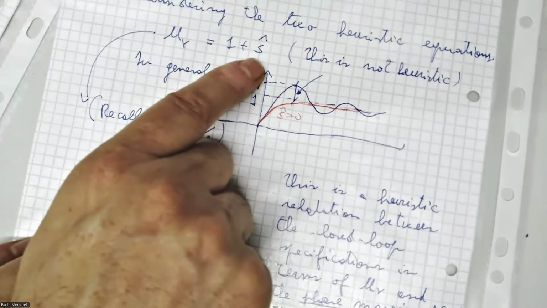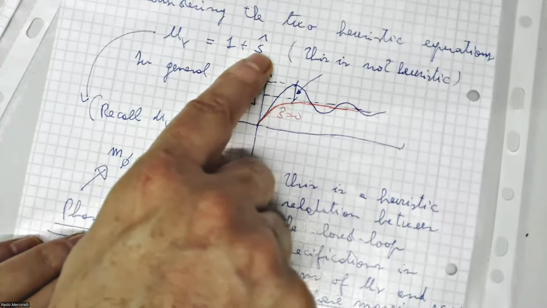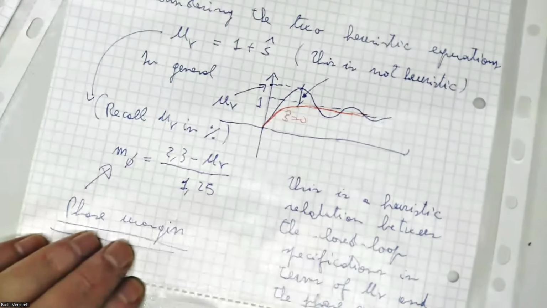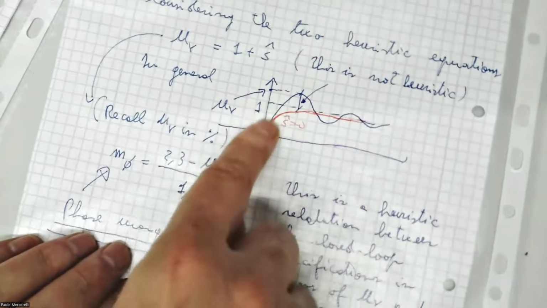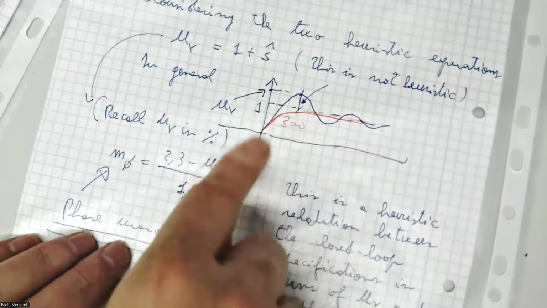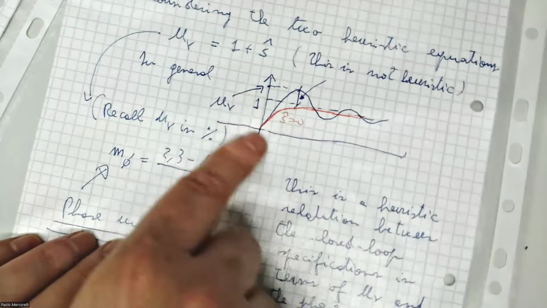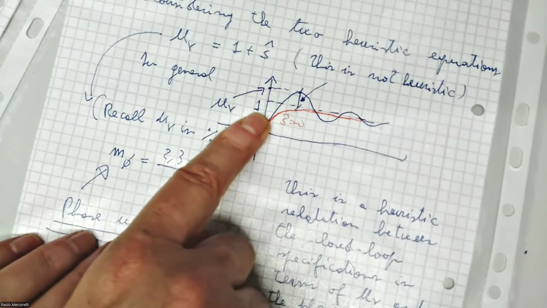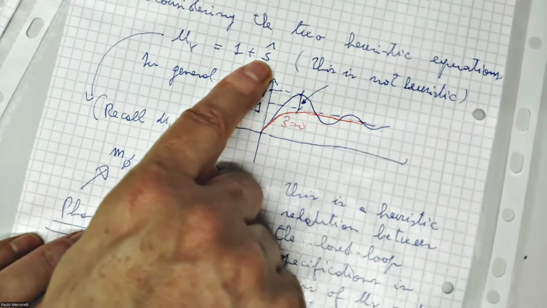I exceed by 10%, 0,1. This is the goal, not necessarily 1. In this case, it's 1, because I'm considering 1 meter. But if this is 2 meters, and I want to exceed just 10%, I have to write nevertheless 0,1.